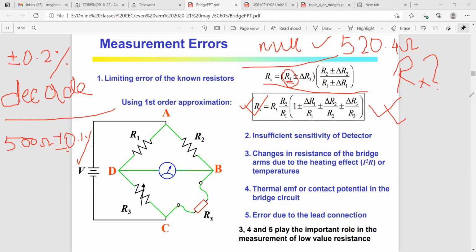Ayushi, Monica, hello. Yes, ma'am. Are you doing the problem? Solve it. Solve the problem and tell me. Today Rajkumar is not there, absent. Pooja is there. Pooja, solve the problem. Tell me the answer.